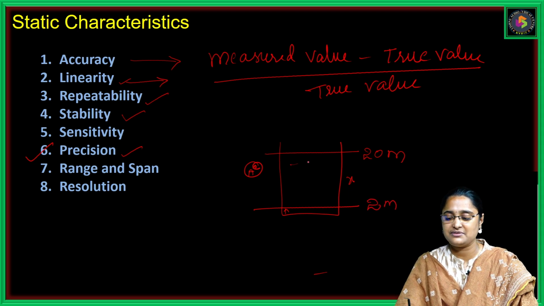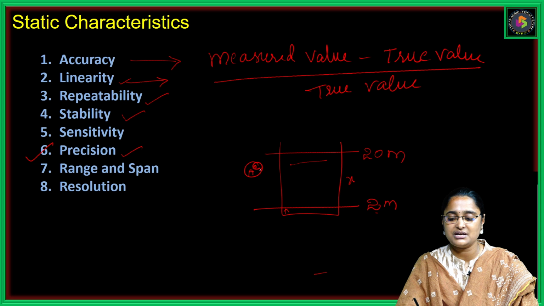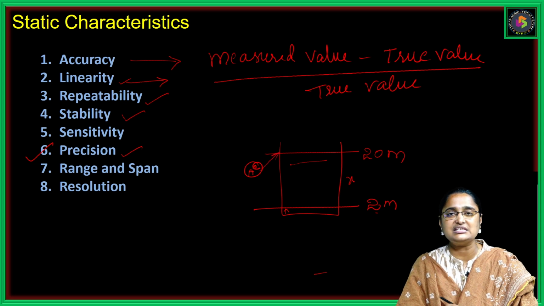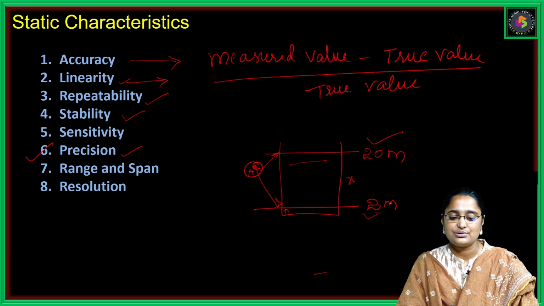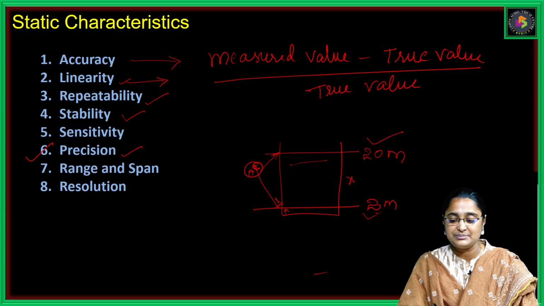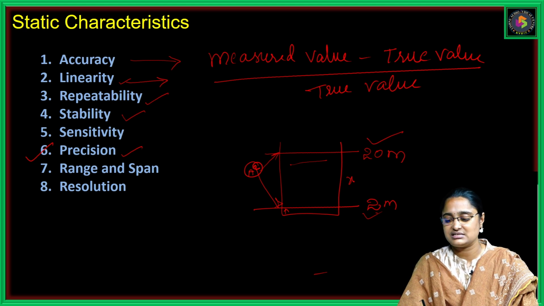The liquid is filled between 2 meters and 20 meters. Now I want to check whether my transducer is able to reach the upper limit and the lower limit of that tank. So range is nothing but the limits of the transducer or the system that is being used.